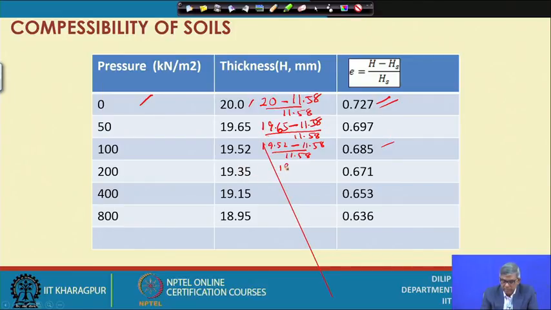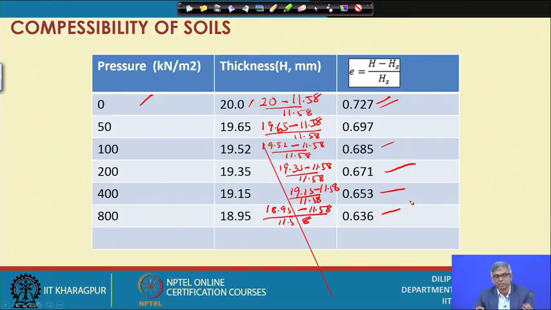Here 19.35 minus 11.58 divided by 11.58, we get this value. For this 19.15 minus 11.58 divided by 11.58, and here 18.95 minus 11.58 divided by 11.58. If you do this, you will get the void ratios.